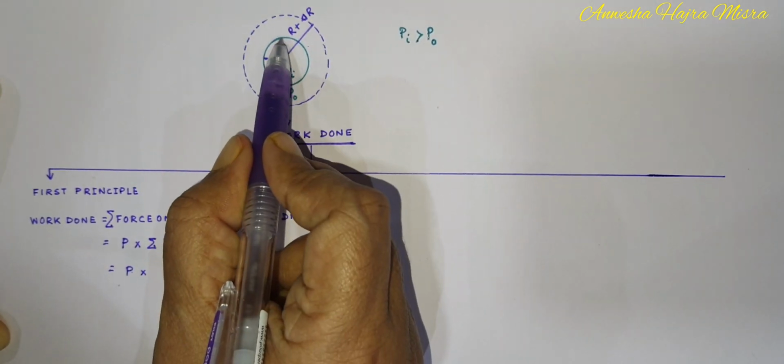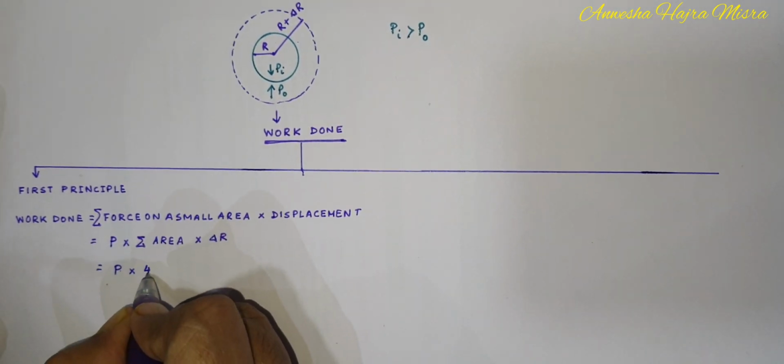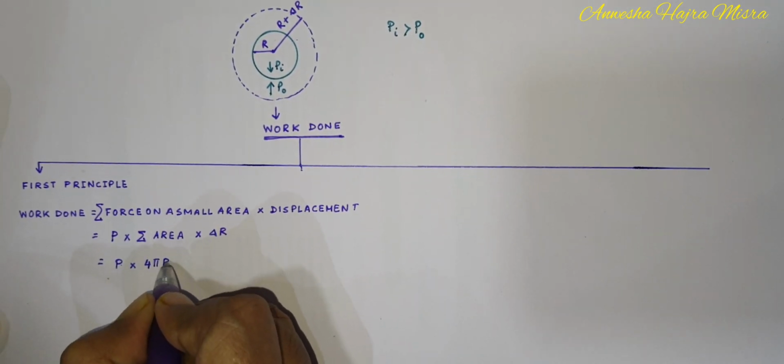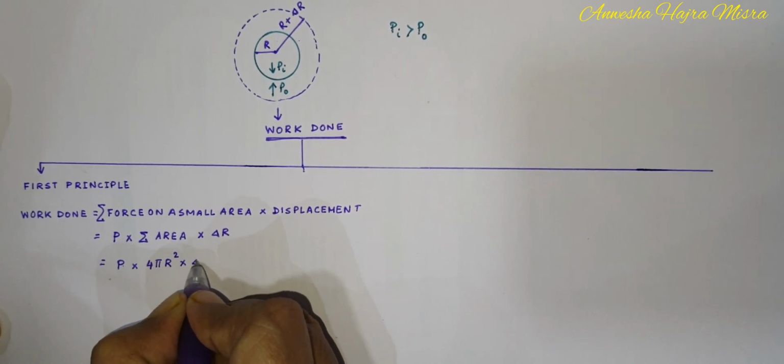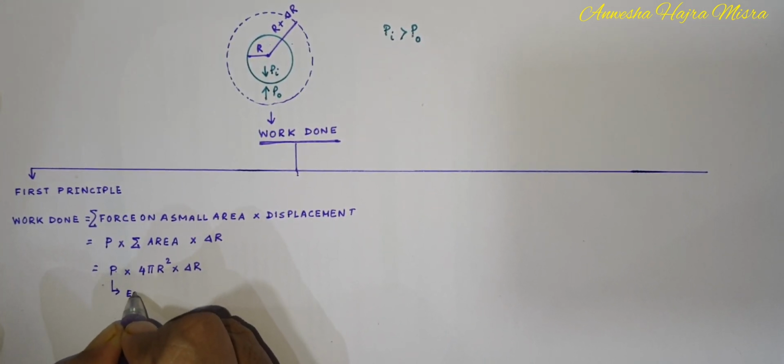If you add up all the areas of this surface, it is a sphere, so it is 4 pi r square into delta R. P is actually the excess pressure.